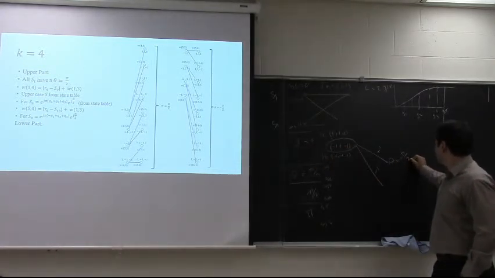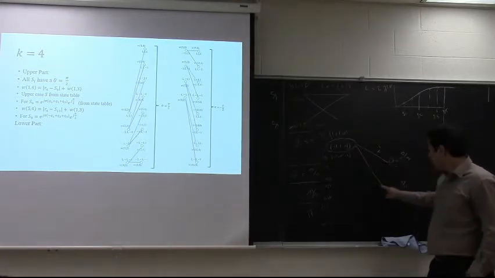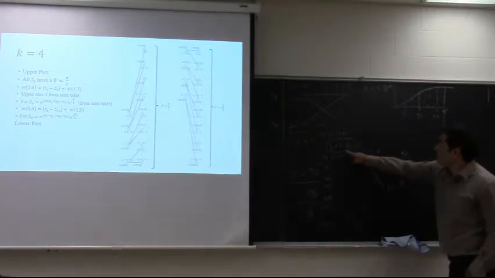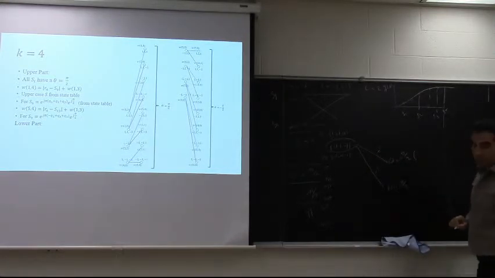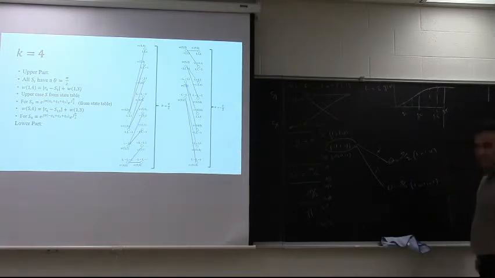And again, minus pi over 2. But this one goes to a state of 1, minus 1, 1, minus 1, 1, perfect. And 1, minus 1, minus 1.